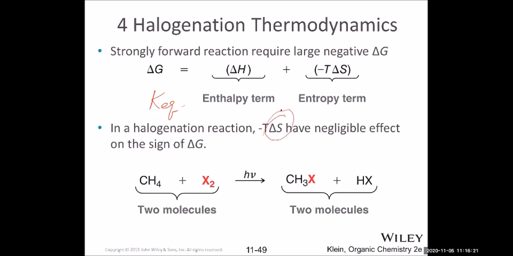And since the entropy change is negligible, temperature also has very small impact on the equilibrium, because if delta S is already small, the combined effect of the temperature change is still very small.